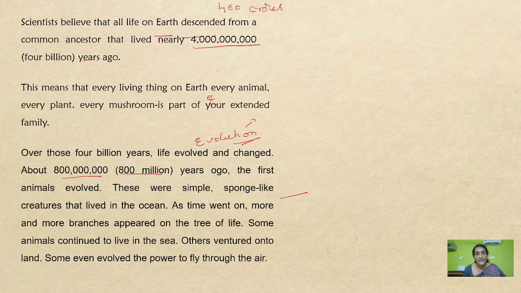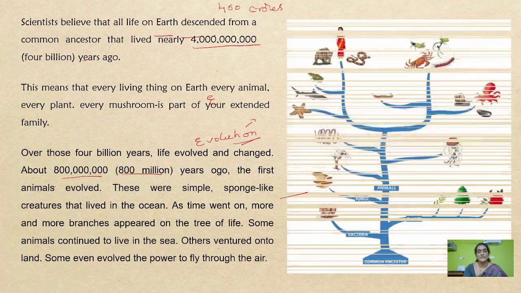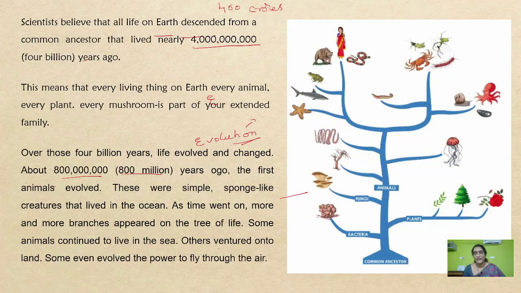What does evolution say? Evolution says that all life forms are from single organism. From this seed, these types are formed, plants are formed, bacteria, then next fungi, then next animals, different types of animals.